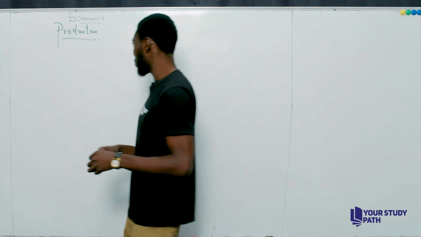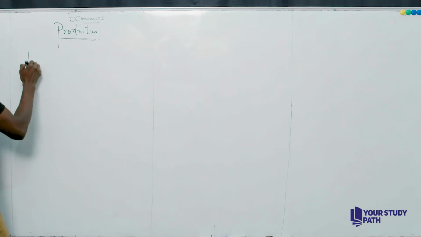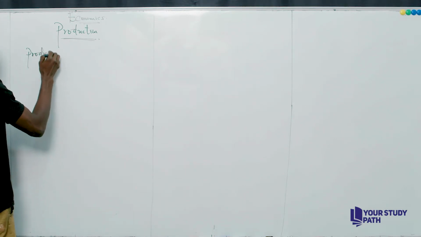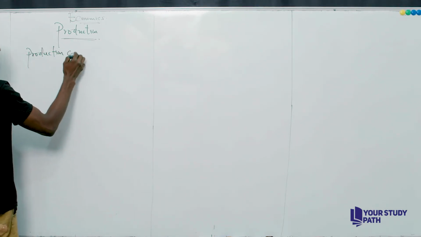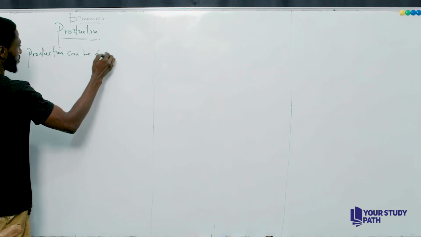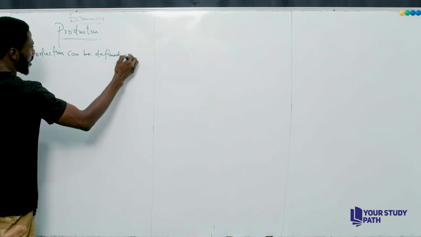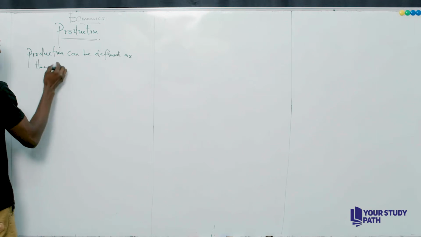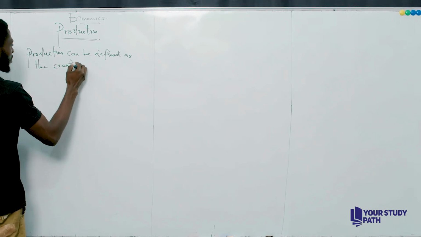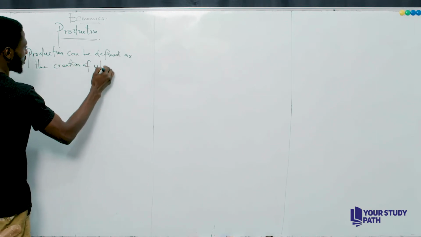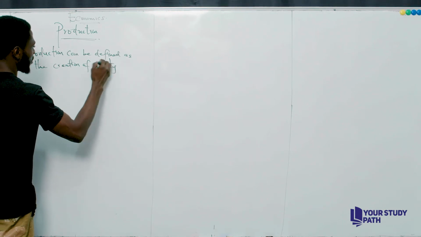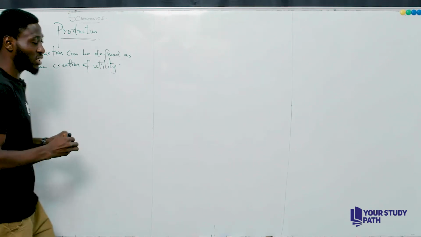So let's define production. Production can be defined as the creation of utility. Now, this is the first definition.